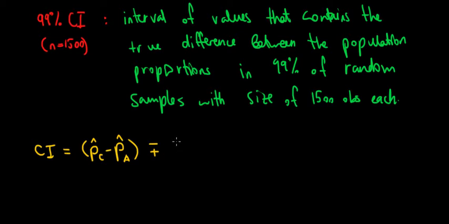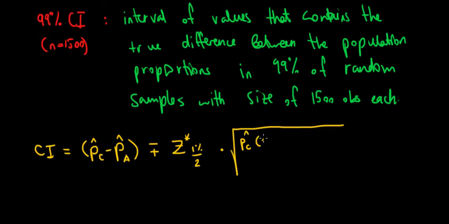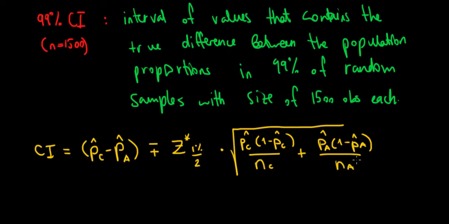That margin of error is the critical value z at the 99% confidence level, which means a 1% significance level spread on two tails, because the confidence interval has two tails, multiplied by the square root of, so we're working out the standard deviation now, the proportion of the Canadians in the sample times 1 minus the proportion of the Canadians in the sample divided by the number of observations of Canadians, plus the same for the Americans: the proportion of Americans in the sample times 1 minus the proportion of Americans in the sample divided by the number of observations of Americans.